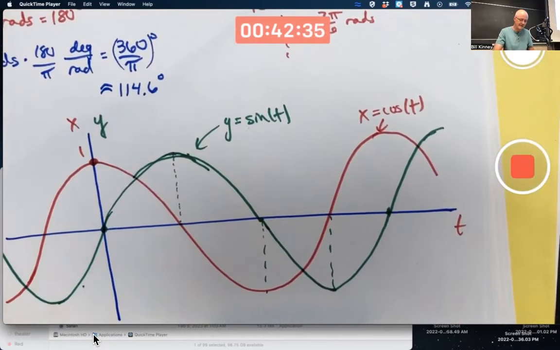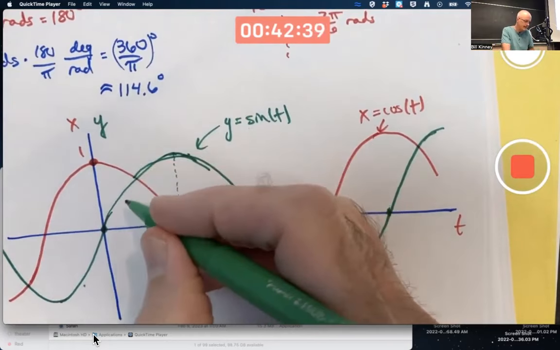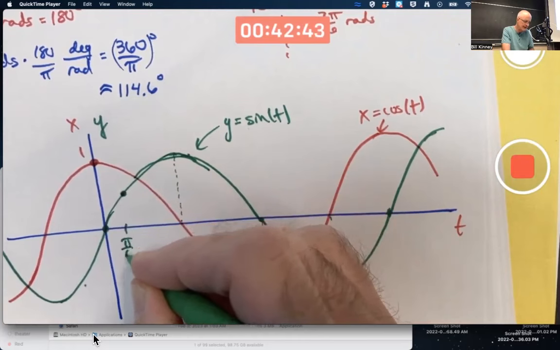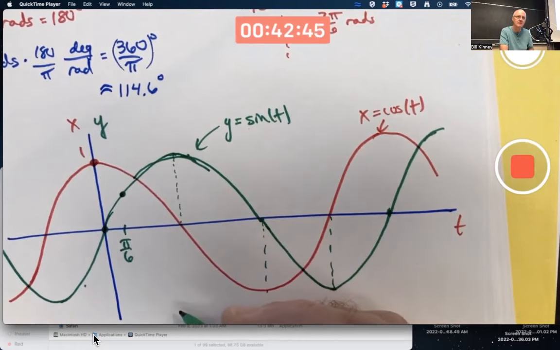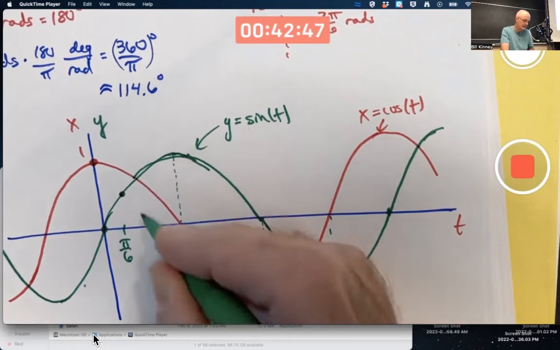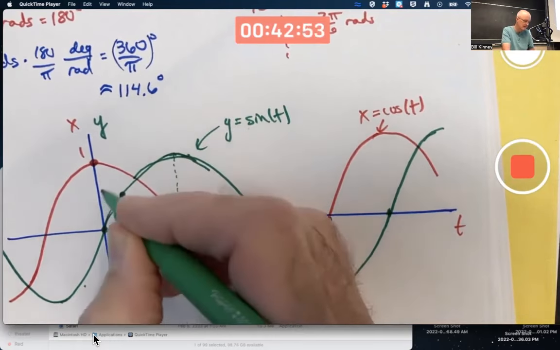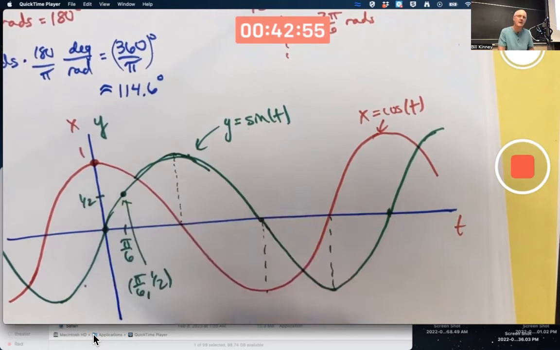What are some particular points? Pi/6, 30 degrees, is a special angle. That point has coordinates pi/6, 1/2, it turns out. That's a 1/2 there. Sine of pi/6 is 1/2.